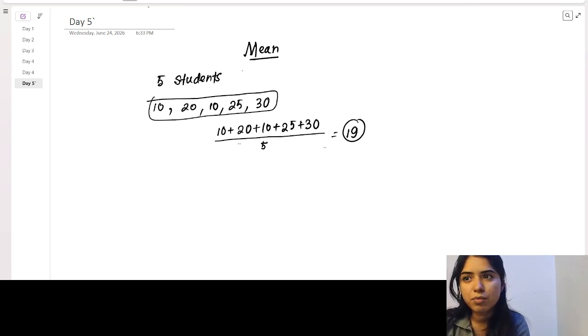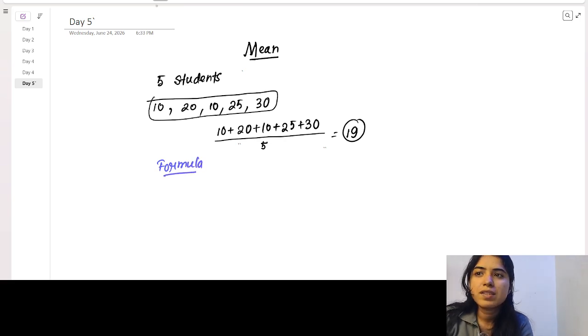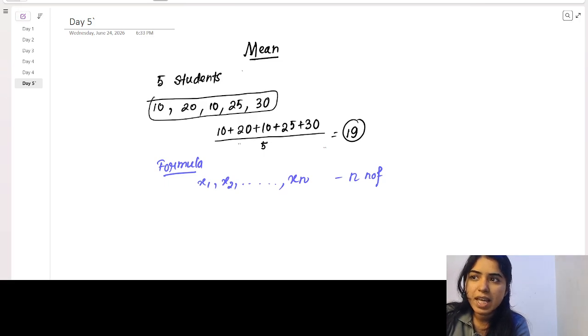So what is the formula then? This was an example, and now I am giving you the formula. If I go with some data points, let's take those data points as x1, x2, like this, up to xn, where n means we have a number of data points. Now, how to calculate?